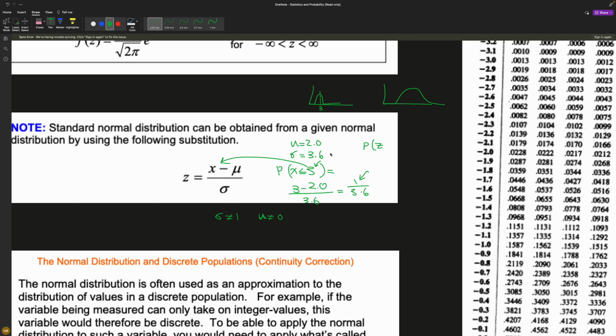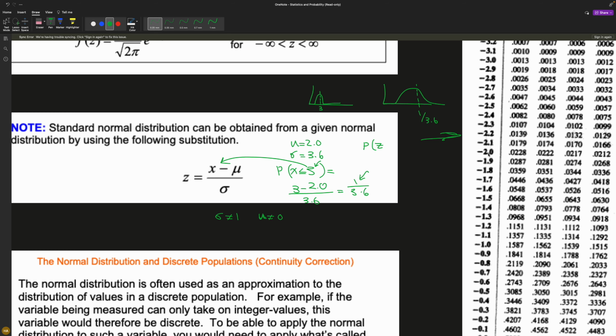And you're like, well, how do I convert this 3 to its equivalent on the standard normal distribution? That's where you use this, and it will give you the equivalence. In our case, it's somewhere around 1 over 3.6. And if that's the equivalence, now I can actually use this page right here and get my values without having to do all the fancy math.